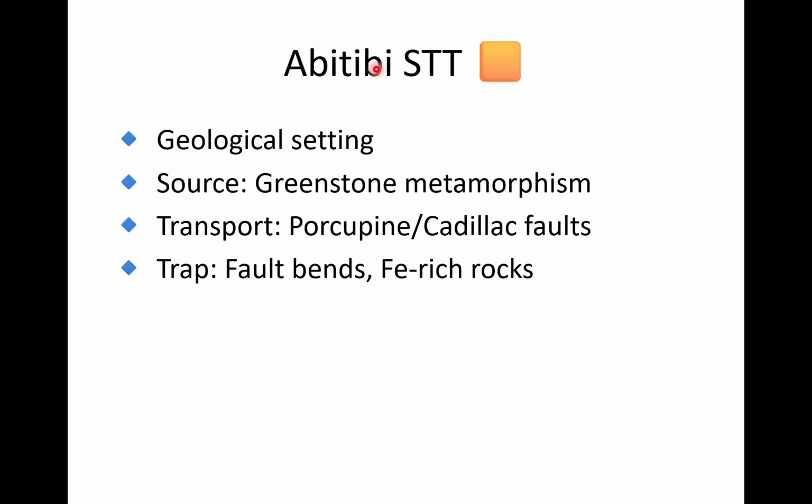In summary, Abitibi's gold endowment reflects a metallogenic perfect storm: ample source, big faults for transport, and repeated structural and chemical trap sites in an evolving Archean origin.